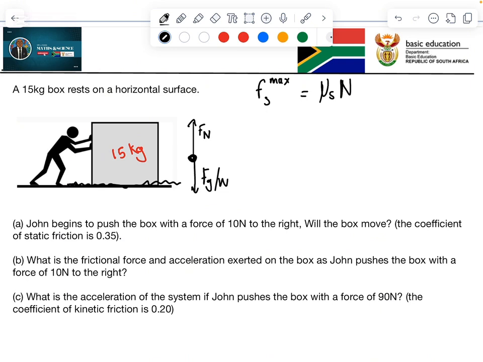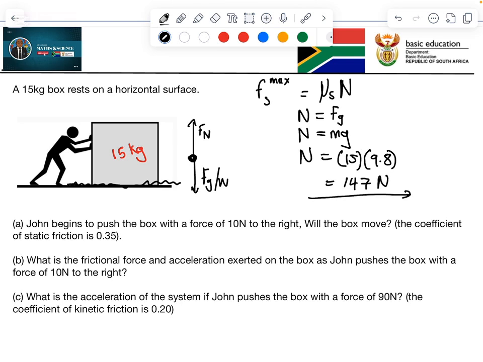So the normal force is equal to Fg, and Fg is equal to mg. The mass is 15 and the acceleration due to gravity is 9.8. So 15 times 9.8 is 147 newtons. This is our normal force.